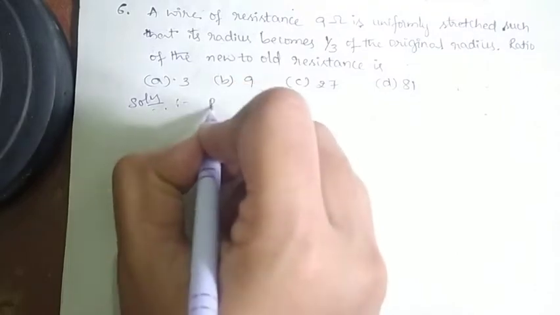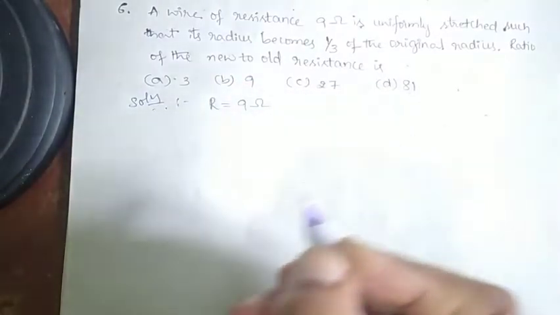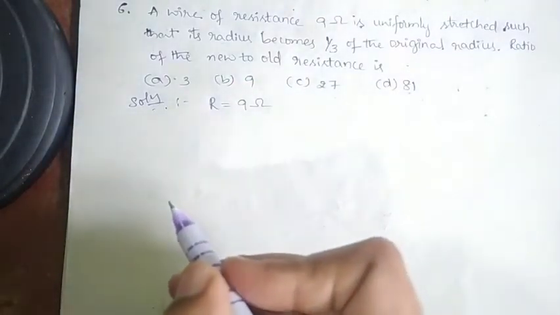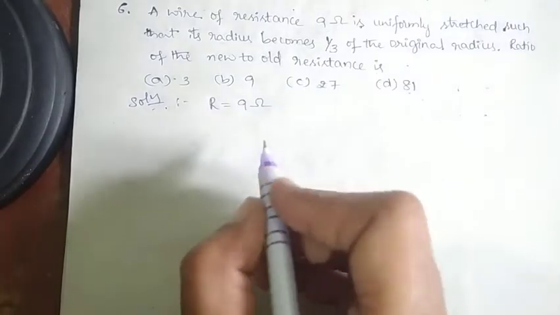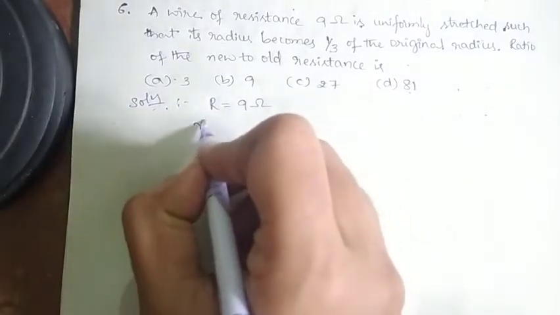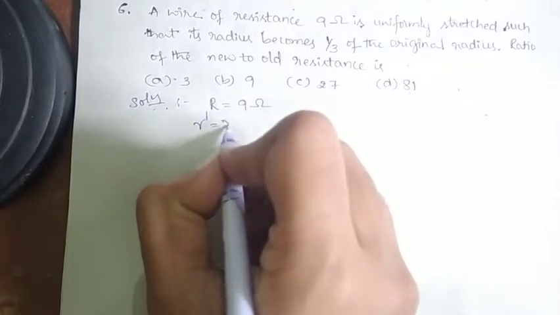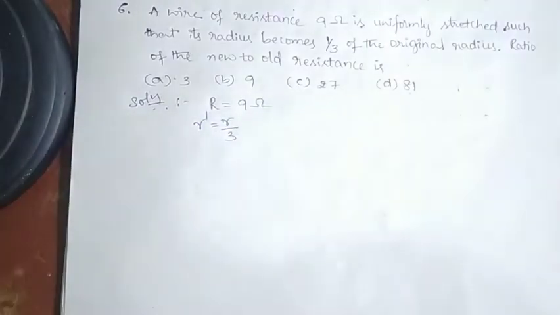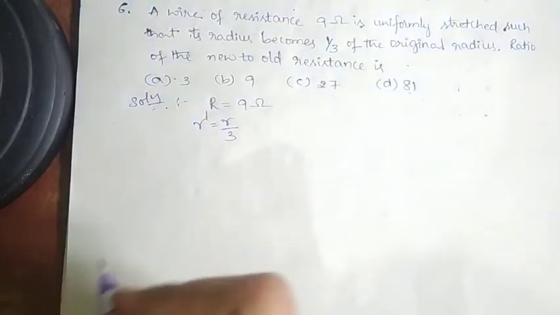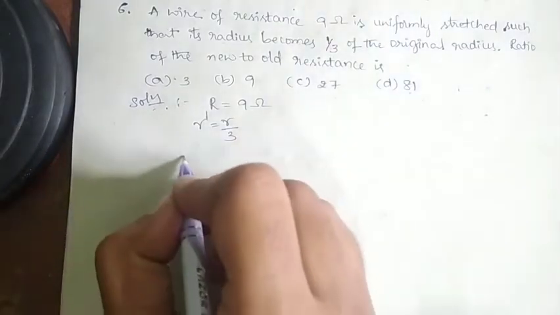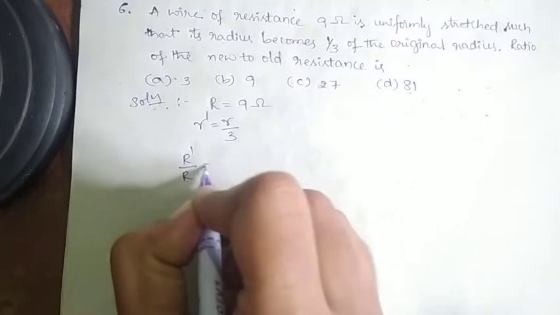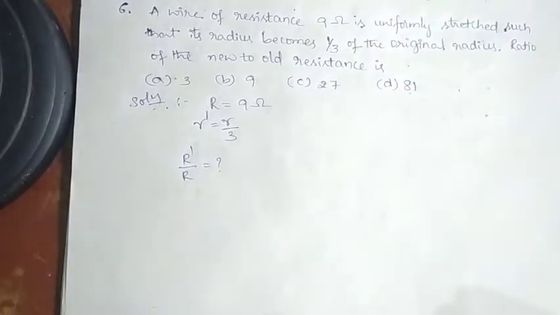Resistance will be 9 ohm, uniformly stretched such that the radius becomes 1 by 3. The old radius will be R only. R dash, the new radius, will be equal to R by 3. The ratio of new to old resistance, R dash divided by R, we have to find out.